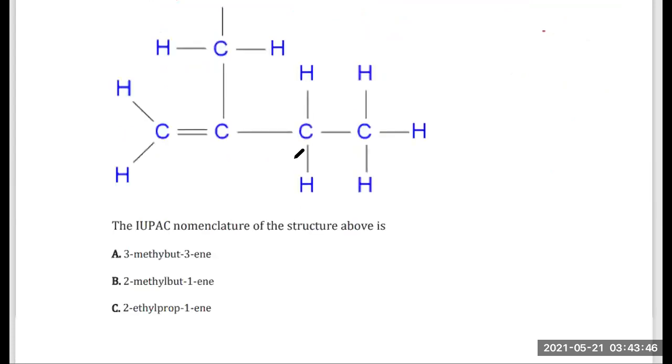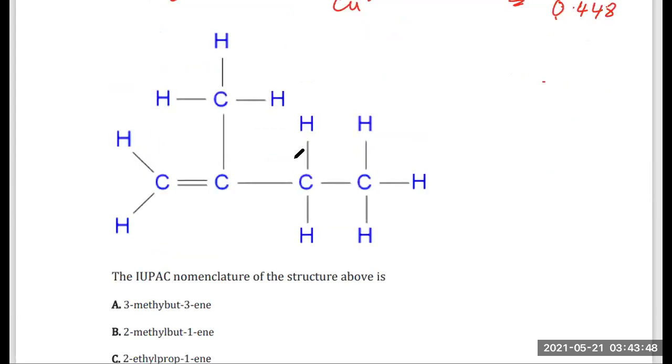So we have to find the IUPAC name of this substance. How do we find the IUPAC name? Number 1, we identify the longest chain possible. In this case, I can find the longest chain, that is 1, 2, 3, 4.